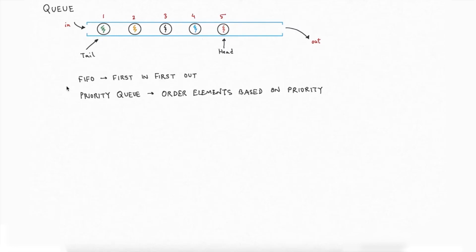Remember that whichever ordering we use, the element at the very beginning of the queue is the head, and the very end of the queue is the tail. Which element is the head and which element is the tail would depend on what kind of ordering we are using. If we use FIFO, then the first element that got inserted into the queue would be the head. If we are using priority queues, then whichever element has the highest priority would be the head.